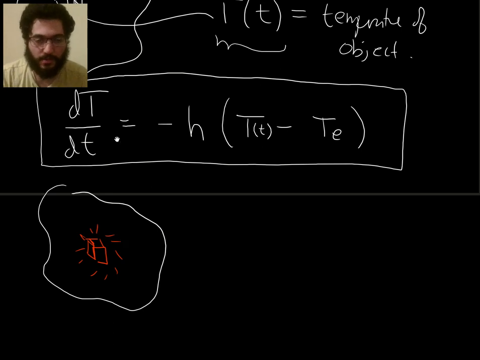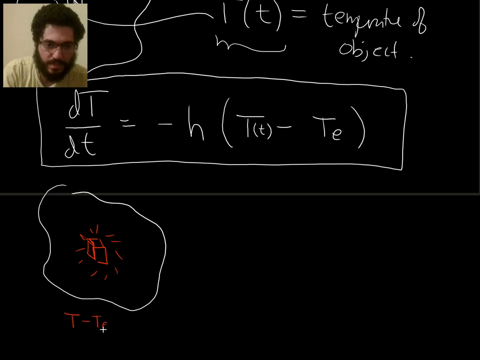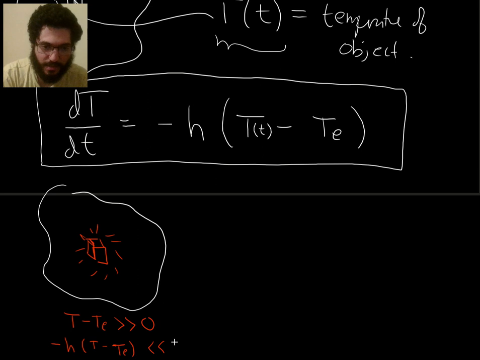And the law does say this, because if the object is much hotter than its environment, then T minus T_E is going to be very positive, right? One way to say very positive is like two greater than symbols, maybe. It's a very large number. And then minus a positive number times T minus T_E will be very negative, right?